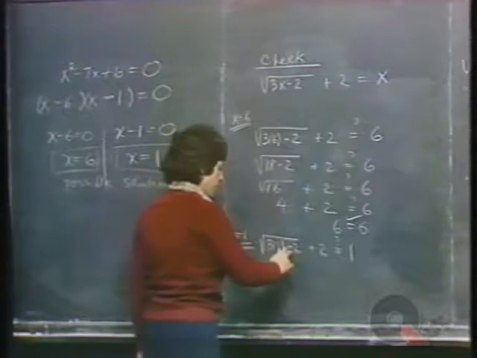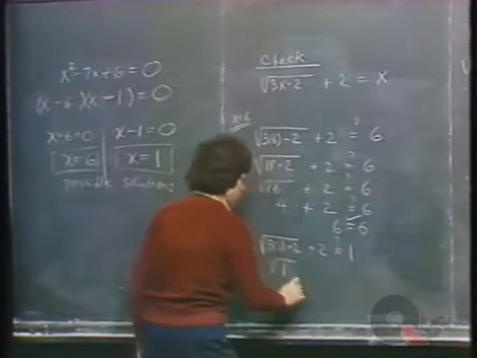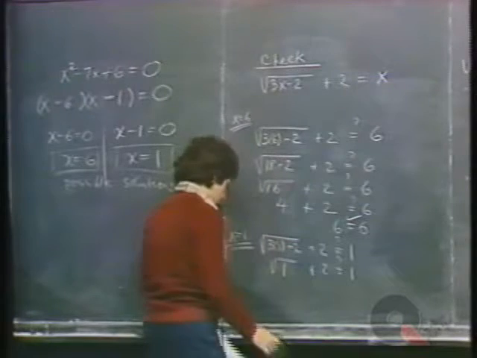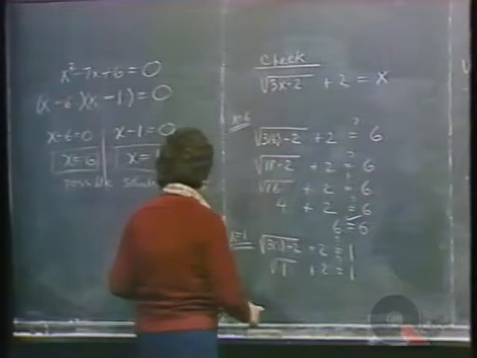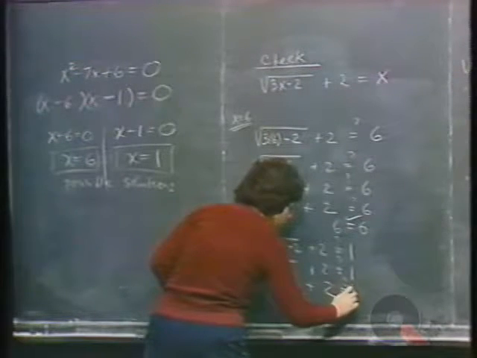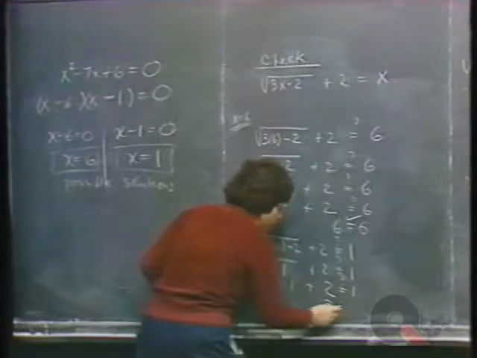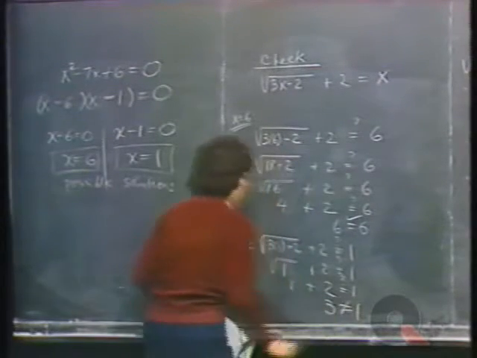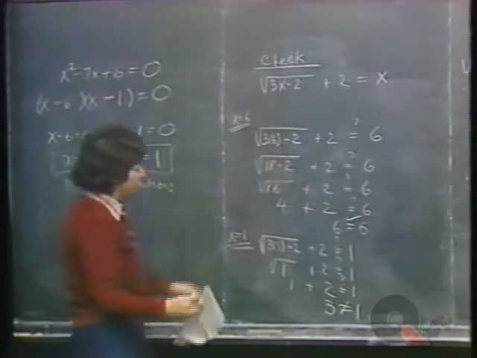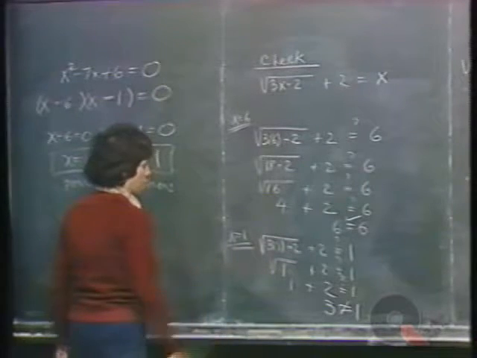Okay, the square root of 3 minus 2, that's the square root of 1, plus 2 should be equal to 1. Or we get that 1 plus 2 should be equal to 1. And of course it is not true. 3 is not equal to 1. The left side is 3, the right side is 1. This is not a solution. The check does not work out.